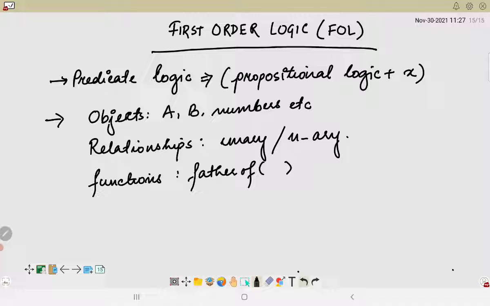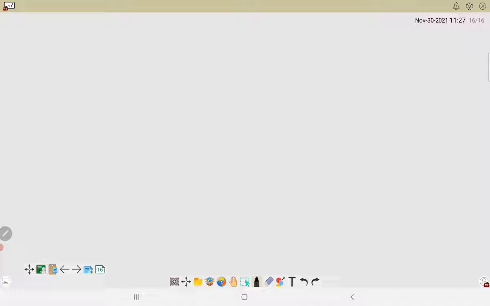Now, talking about first order logic, or predicate logic, like any other format of representation of knowledge, it comprises two main parts: one is the syntax, the next one is the semantics.